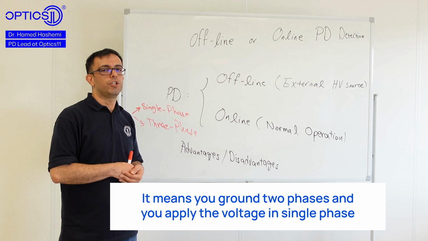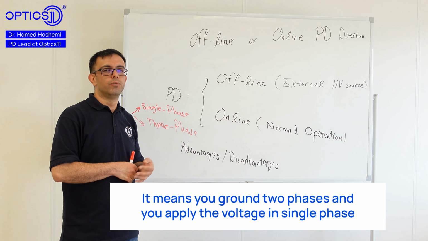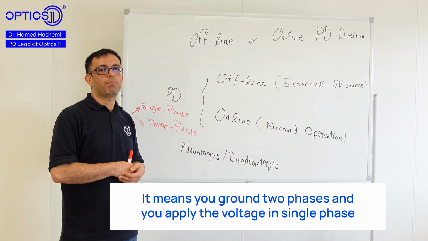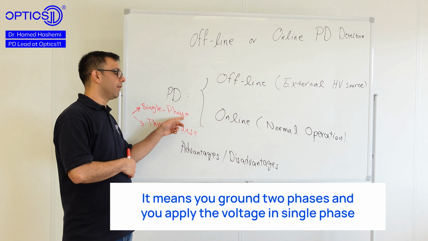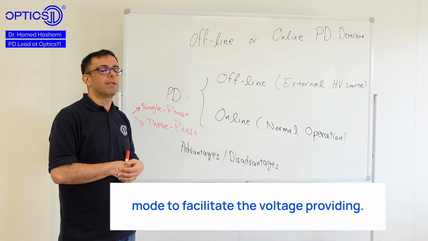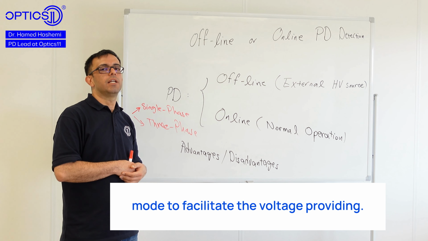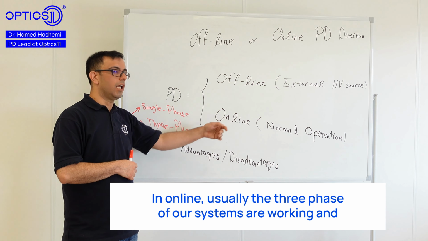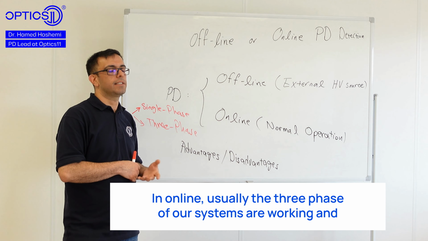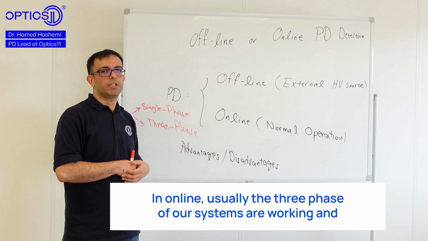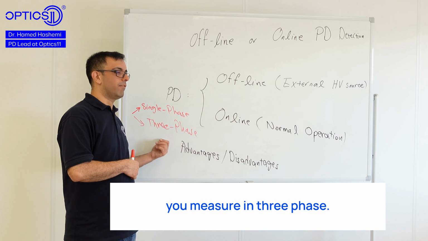It means you ground two phases and you apply the voltage in single-phase mode to facilitate the voltage providing. In online, usually the three-phase power systems are working and you measure in three-phase.